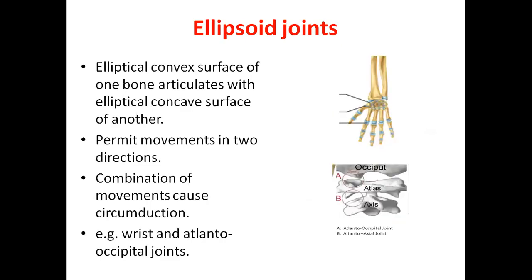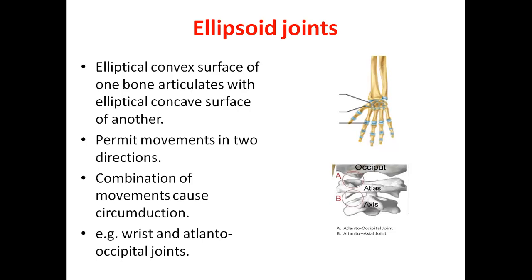Ellipsoid joints. Elliptical convex surface of one bone articulates with elliptical concave surface of another bone, as in the wrist joint. In the wrist joint, we have an elliptical convex surface of one bone articulating with an elliptical concave surface of another bone.